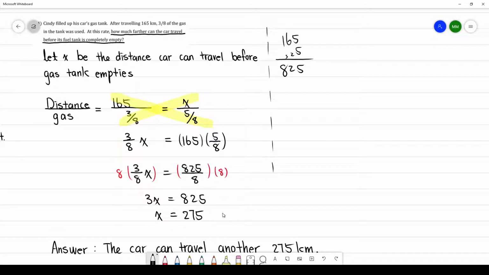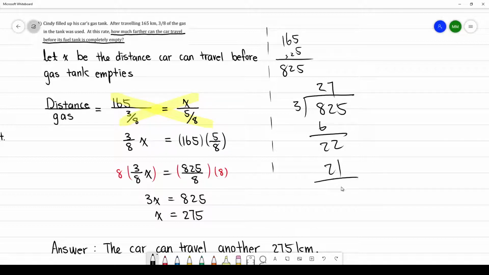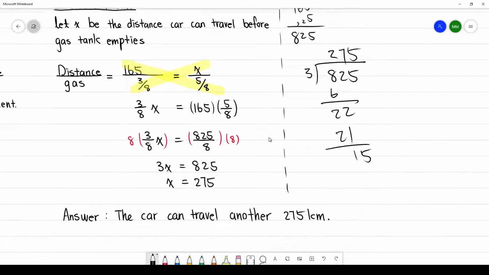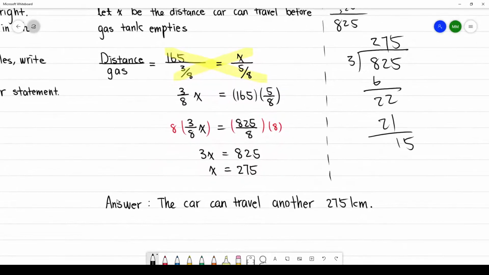Oh yeah, and this one too. So yeah, I can do it here. So 2, 5. So 2, 6, 22, 7, 21, 15, and that's 5. So I show the calculation on the side here. And then I just get the answer, and then at the end I write an answer statement like that.